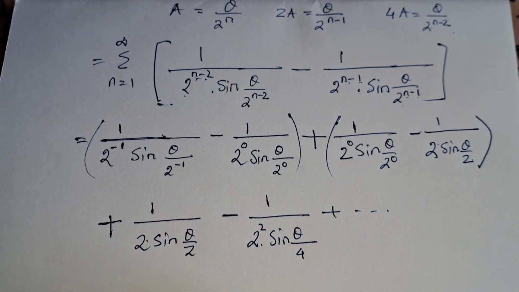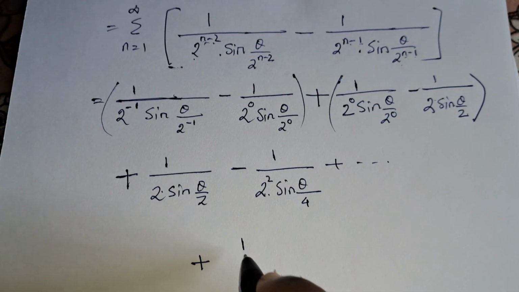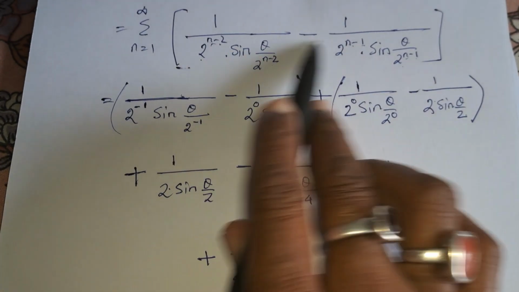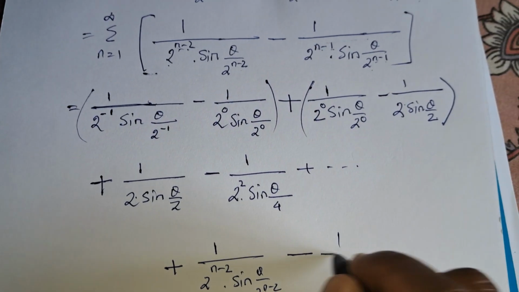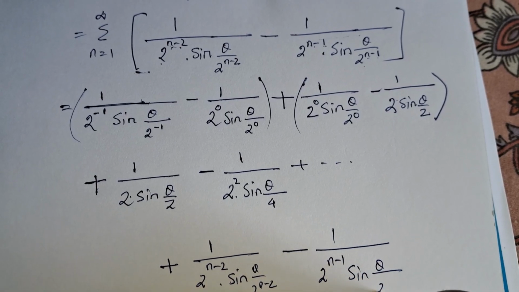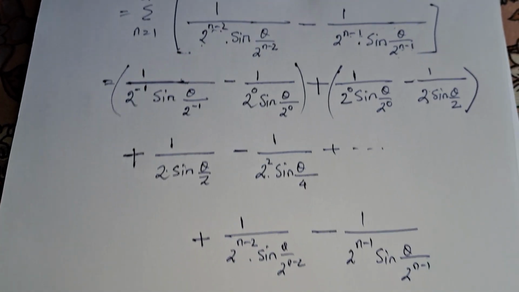And what about the last term? Last term is this one. So 1 by 2 to the power n minus 2, just write the same thing, minus 1 by 2 to the power n minus 1 sine of theta to the power n minus 1. Okay, let's simplify it.